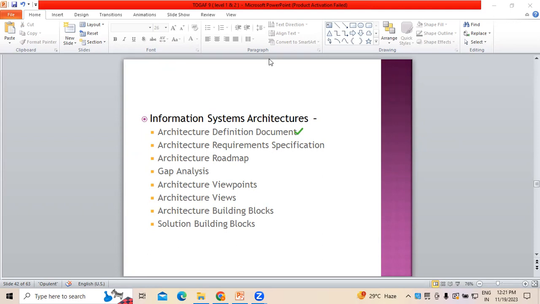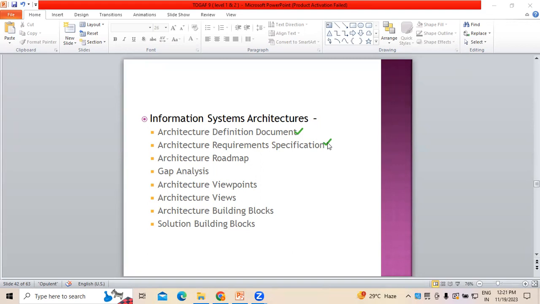It's not only about the architecture definition document, but we need a clear understanding of our architecture requirement specification from the systems architecture point of view, because systems architecture majorly focuses on the number of systems we are going to develop, what the different systems are, and how we are implementing all these systems.